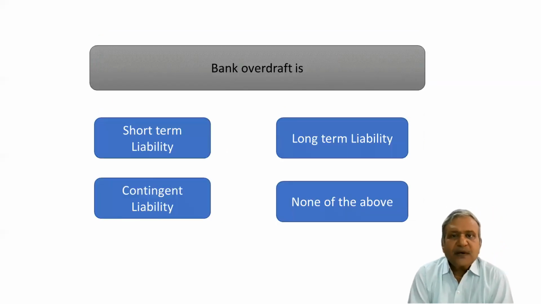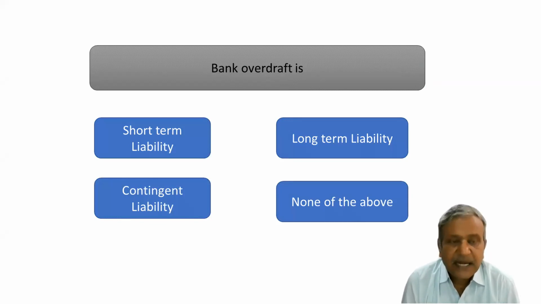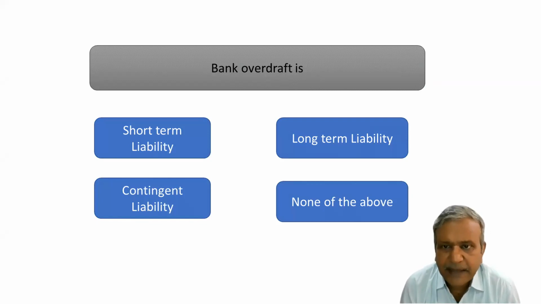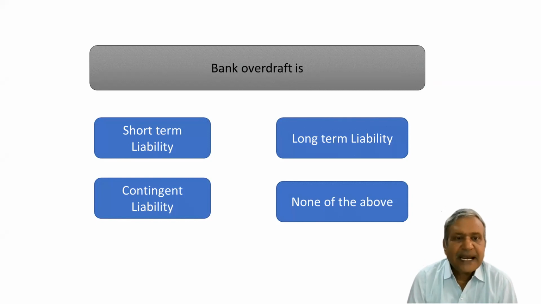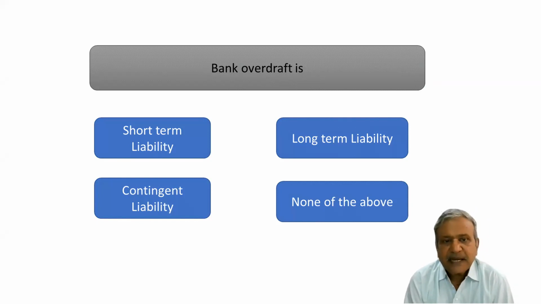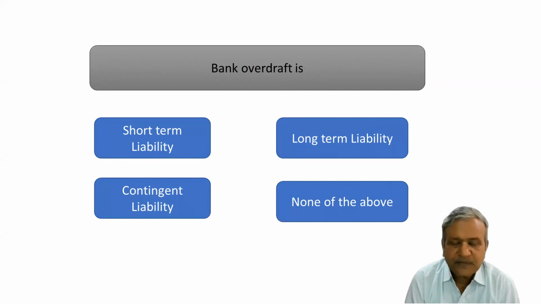Bank overdraft. Number 1, short-term liability. Number 2, long-term liability. Number 3, contingent liability. Number 4, none of the above.